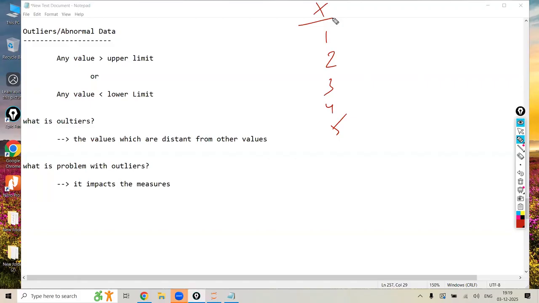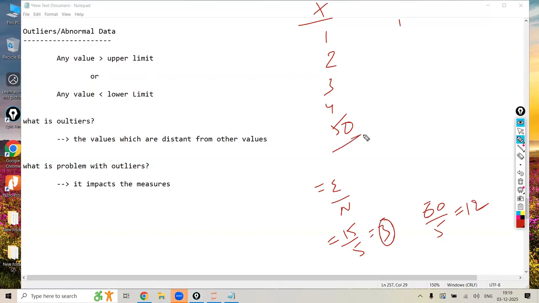The sum divided by 5, which is 15 divided by 5, which is 3. Now, instead of 5, 50 is there. Now it is going to be 60 divided by 5, which is 12. Earlier, without this, it was 3. Due to this one, the average value increased. So it impacts the measures.